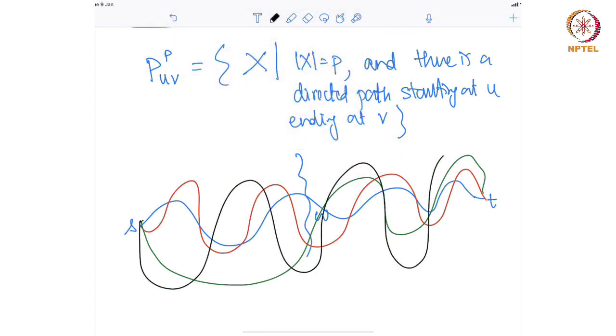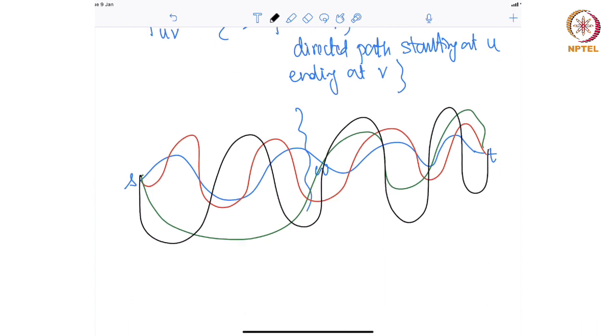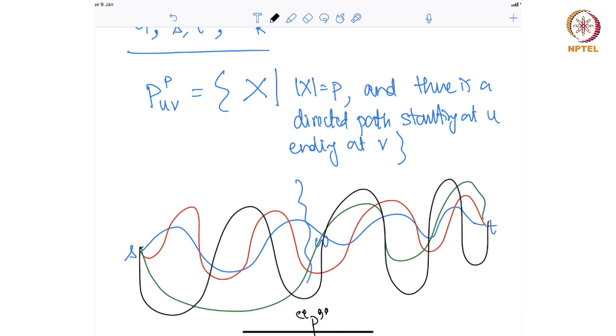So I fix an integer p, and I ask how many prefixes of paths, or how many subsets of these vertices, are there which could potentially reach T. These are partial paths, p length partial paths. But if you notice here, rather than talking about paths, I am talking about sets, because it is possible that to reach from S, looking at the first p length, there could be the same subset but different paths because of the route.